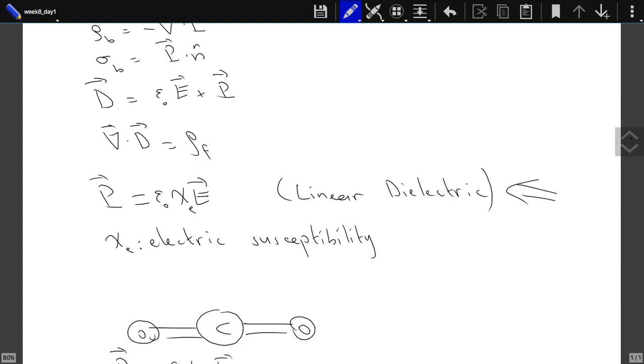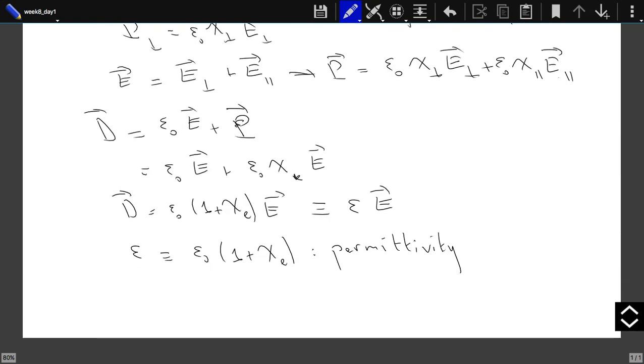So that's why we call it the susceptibility. And if you look at this definition of the permittivity, you see that epsilon 0 is nothing but the permittivity of a medium with 0 susceptibility. So that's why we have that 0.